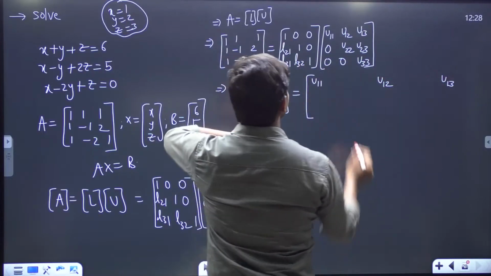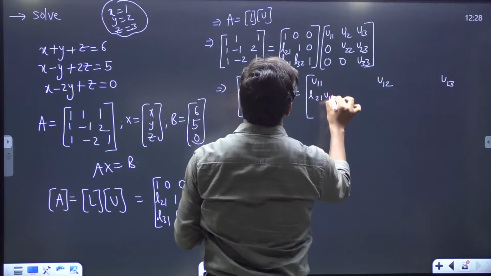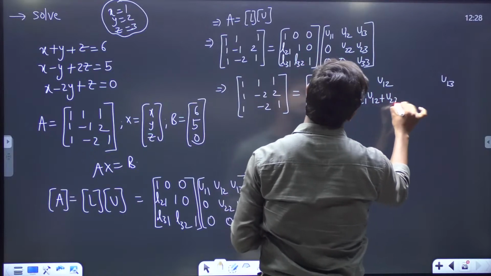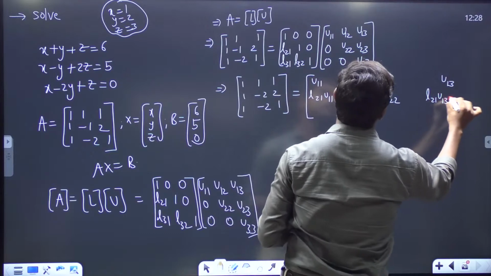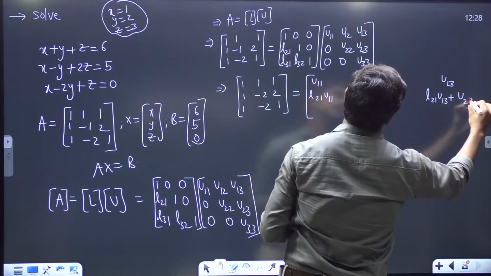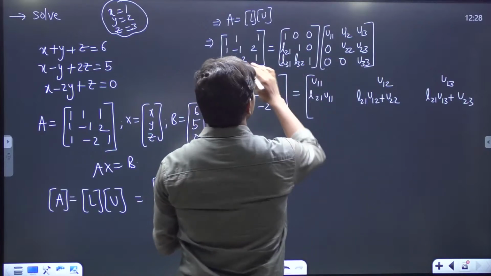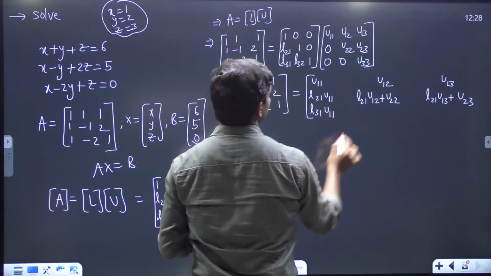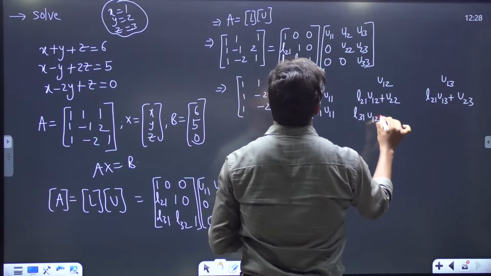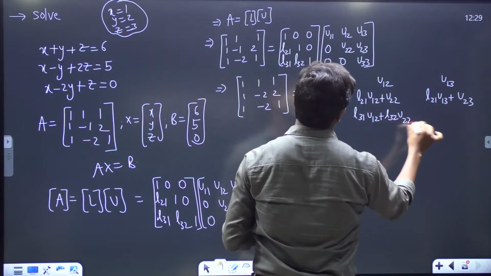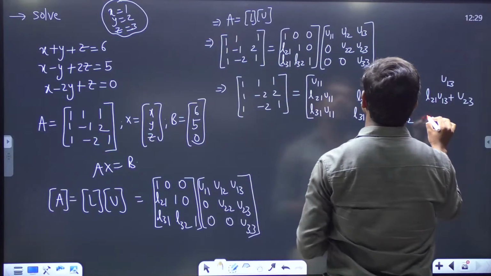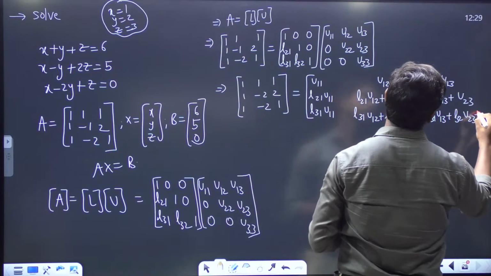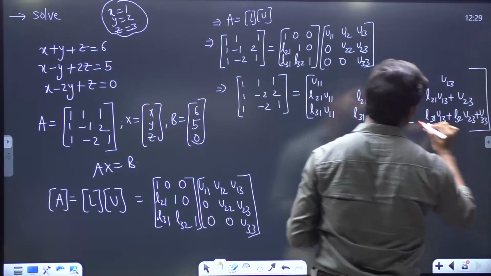Next, second row first column, so L21 U11, then L21 U12 plus U22, then L21 U13 plus U23. This is what we have. Next, coming to the last row, L31 into U11. Next, L31 into U12 plus L32 into U22, and this last element is L31 U13 plus L32 U23 plus U33.